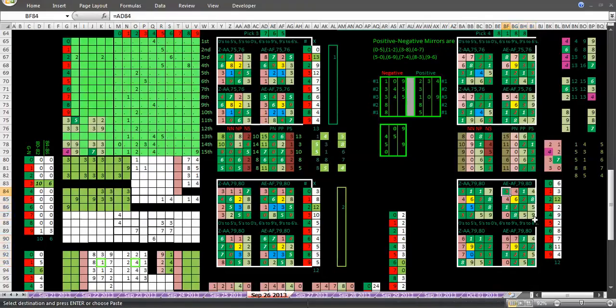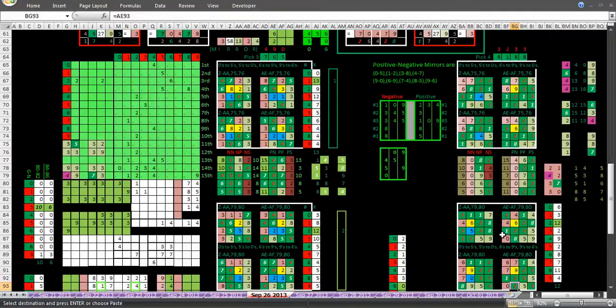Only the 3 has moved down here, but you've still got your 1 showing, and then you've got all your positive and negative opposites. And that's kind of how that works.